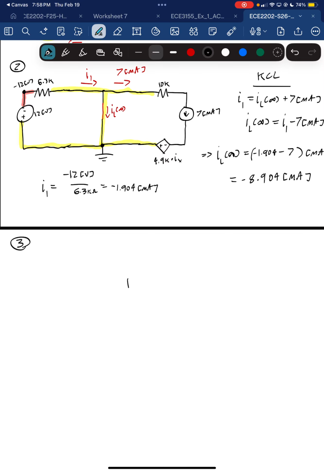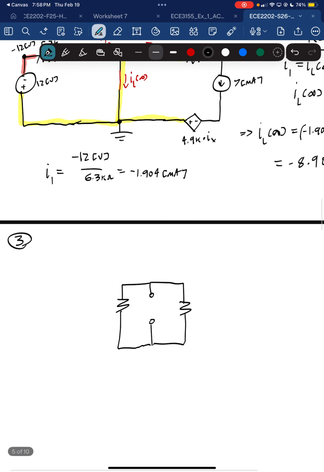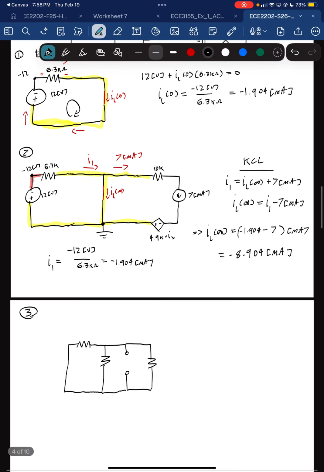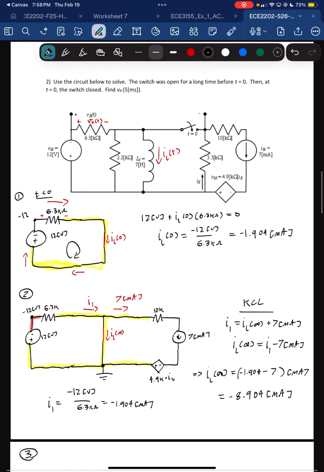We're going to remove the inductor, replace it with terminals. And then we're going to be using the test source method because we have a dependent source. And when you solve for R Thevenin with dependent sources, test source is really your best bet.